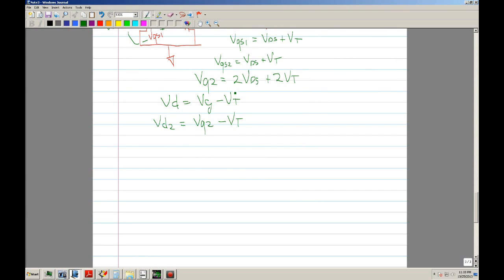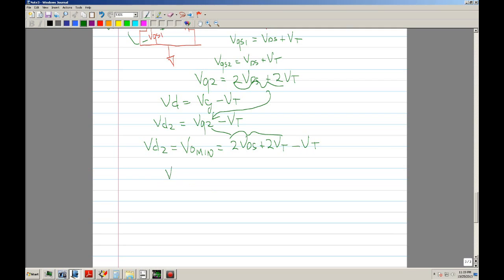With that being said, now we can substitute this into here. So VD2, and now we can rename this. We can say this VD2 is actually Vout minimum, and then we're going to put this term, which is 2 VDS plus 2 VT, and then minus VT.